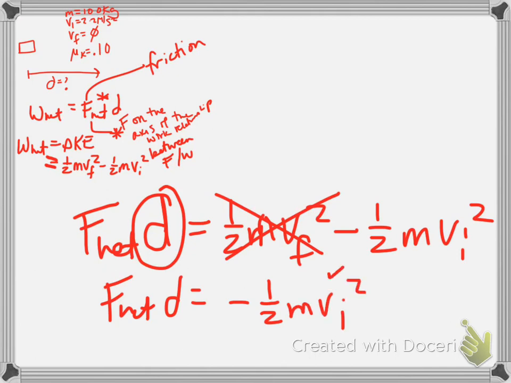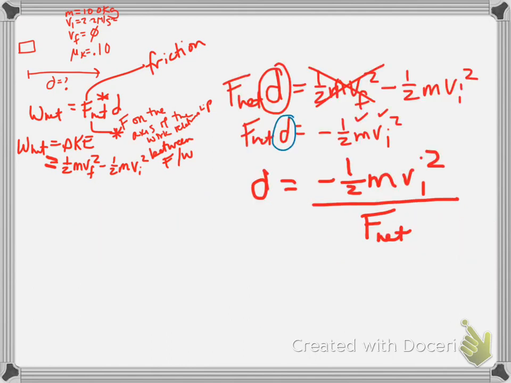We have vi squared, we have mass. Again, solving for distance. Okay, do we have any problems yet? Oh, we don't have the friction. Do we have a means to find friction?